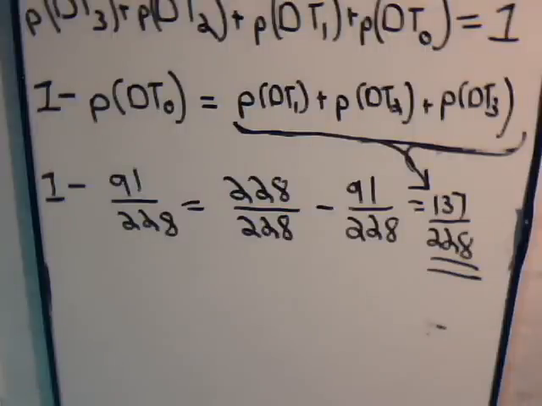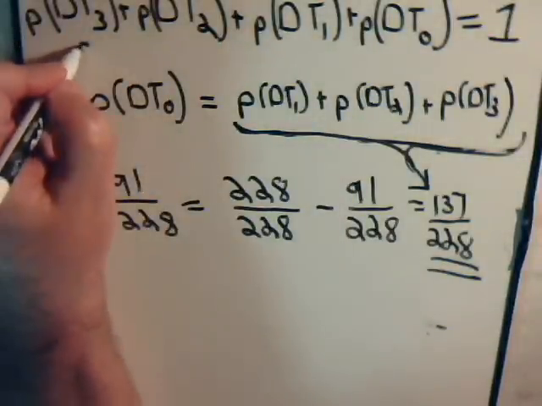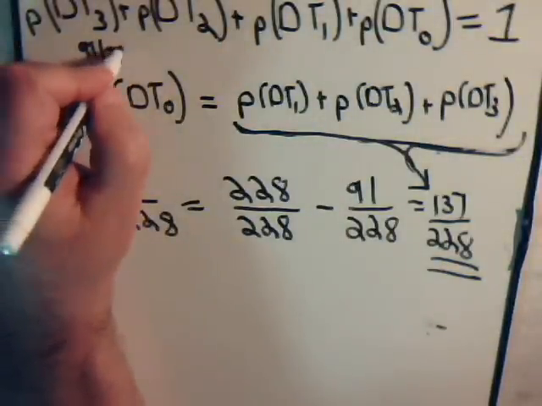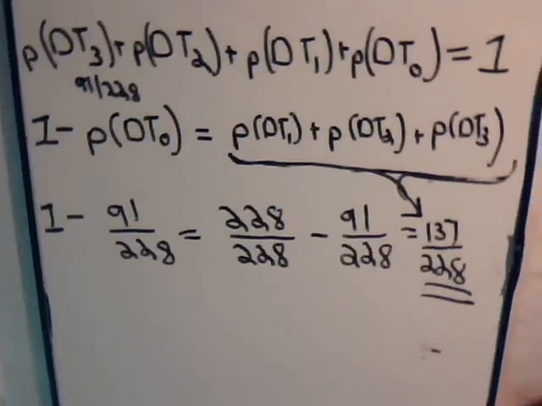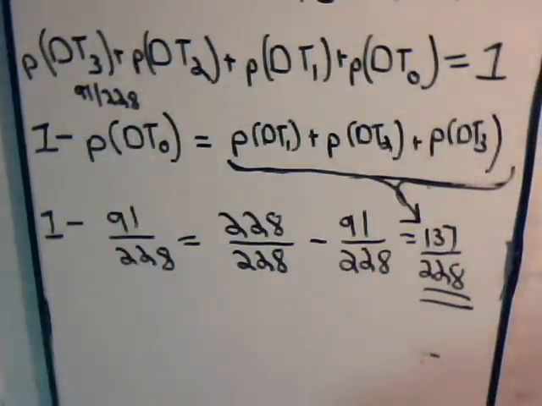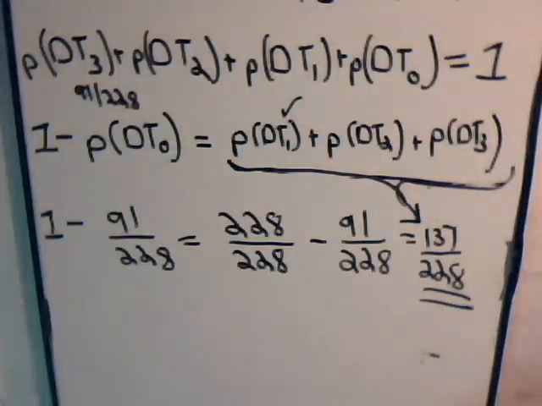Okay, now if you're not completely comfortable with this solution, what we can do is we determine what this was. That was 91 over 228. We can also determine what this one is.